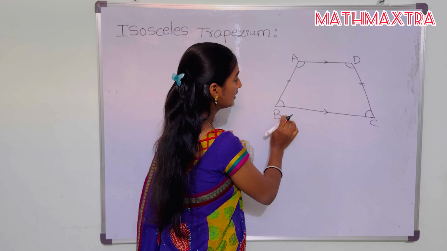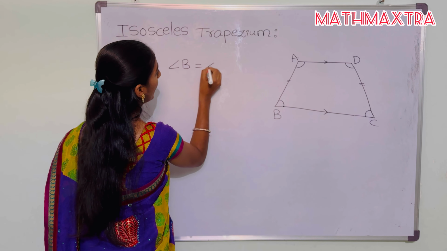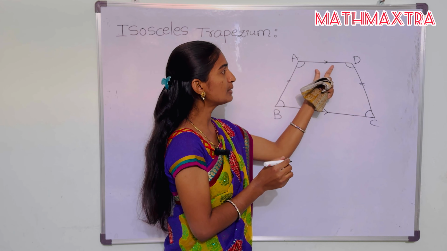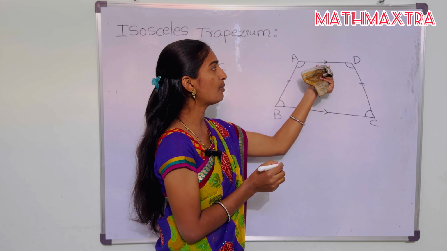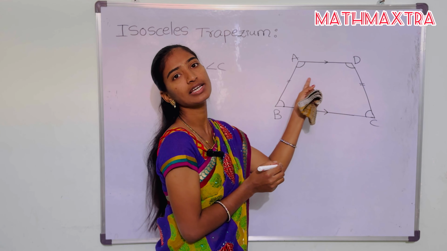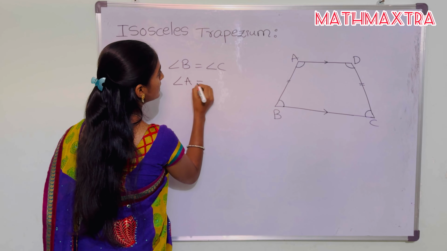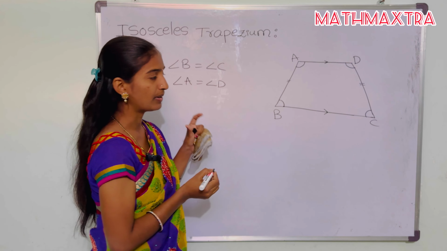Check angle B and angle C: for these two angles, the BC arm is common. So angle B is equal to angle C. And these two angles also have the parallel side as a common arm, so angle A is equal to angle D. Okay, this is the first property.